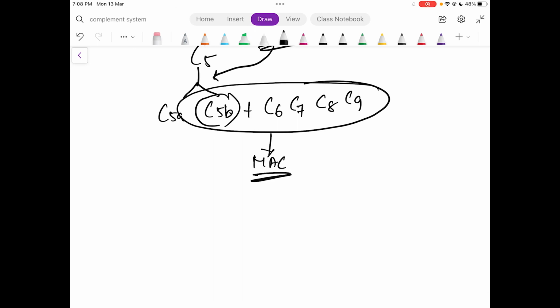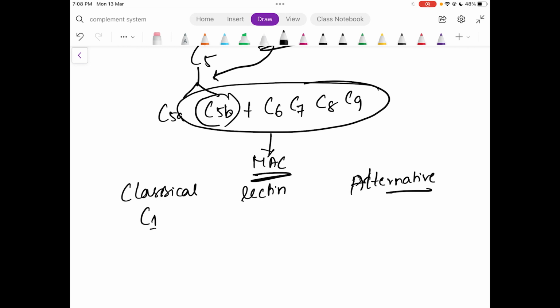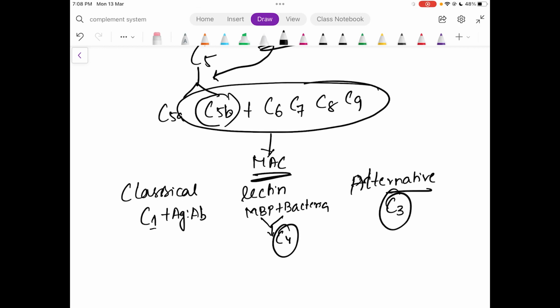So if you see classical pathway, lectin pathway and alternative pathway, here it is acting through C1 plus antigen antibody. Here MBP plus bacteria, they are directly acting on C4. Here in alternate pathway there is chemical hydrolysis of C3.